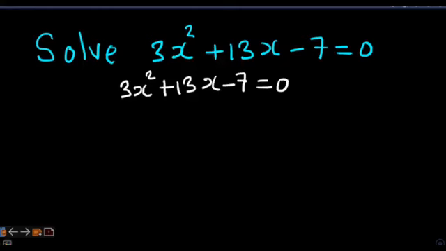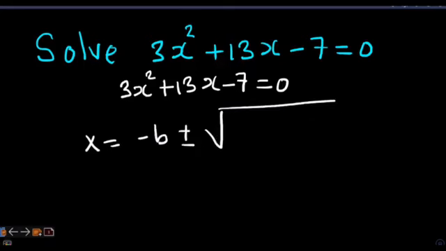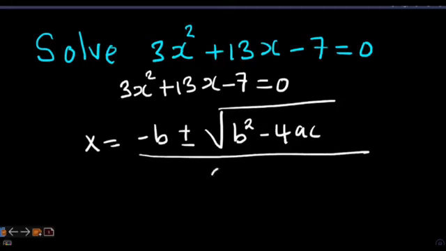The formula that we are going to use is x equal to negative b plus or minus the square root of b squared minus 4ac, over 2a. This is our formula that we are going to use.